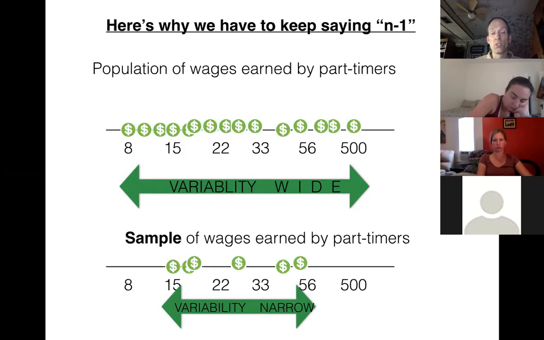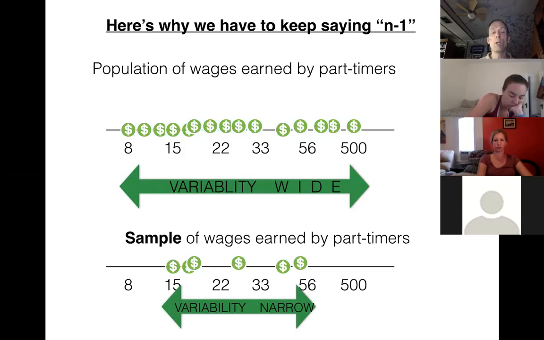As for the graph at the bottom that says sample of wages earned by part-timers, does it appear more variable or less variable than the data set on the top? Less. Yeah, you're exactly correct.